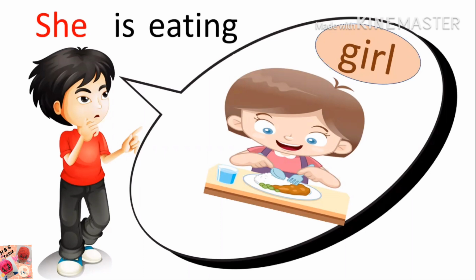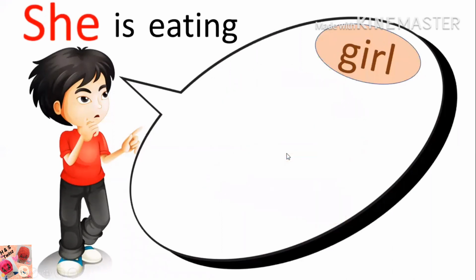She is eating. When I talk about a girl, I say she. She is for girl. She is eating. Okay? Now, another example.